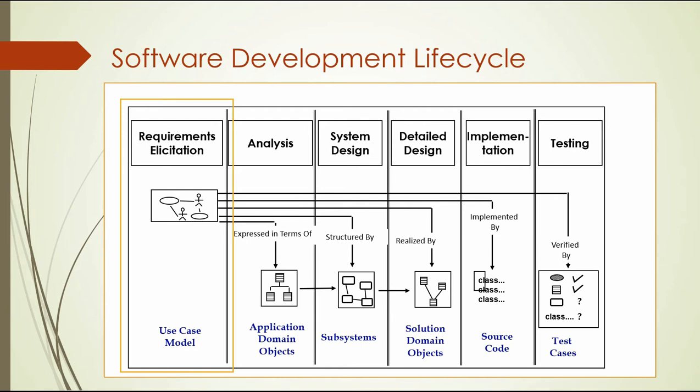Here we have requirement modeling or elicitation, and then analysis, system design, detailed design, implementation, and they end with testing. So this is the common set of steps. We will not go far from these steps; we are working on them also.